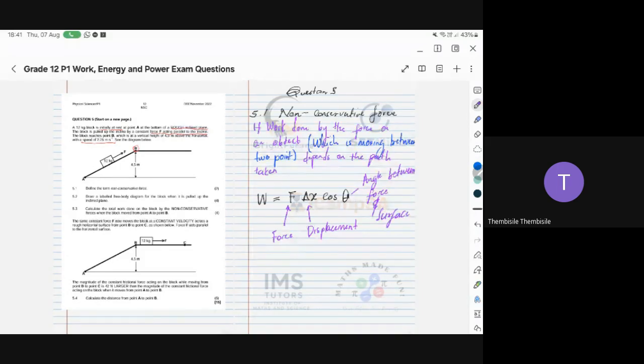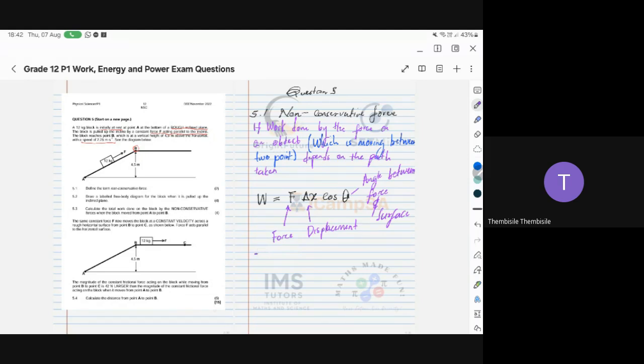That is our theta. Your displacement would be something like, if we move from point A, where it is at rest, to point B, then we get our displacement. Okay, cool.